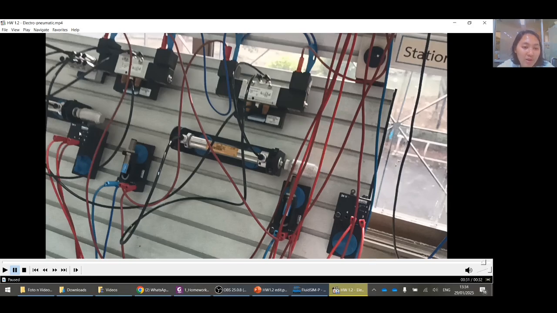This is just to show the electropneumatic system, but not for the signal flow A plus, A minus, B plus, B minus.